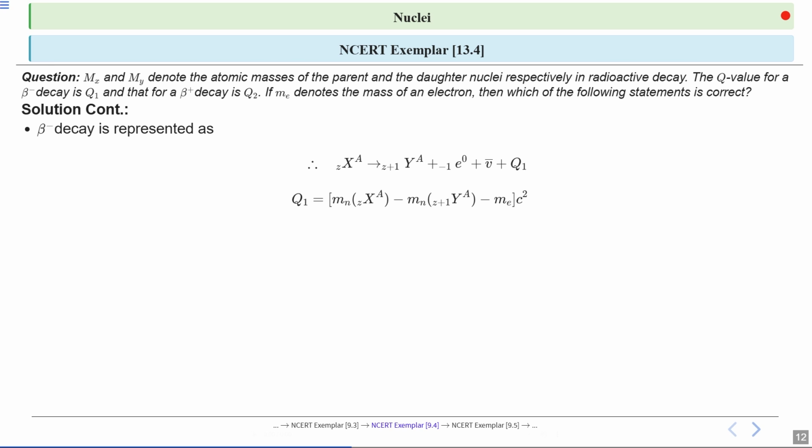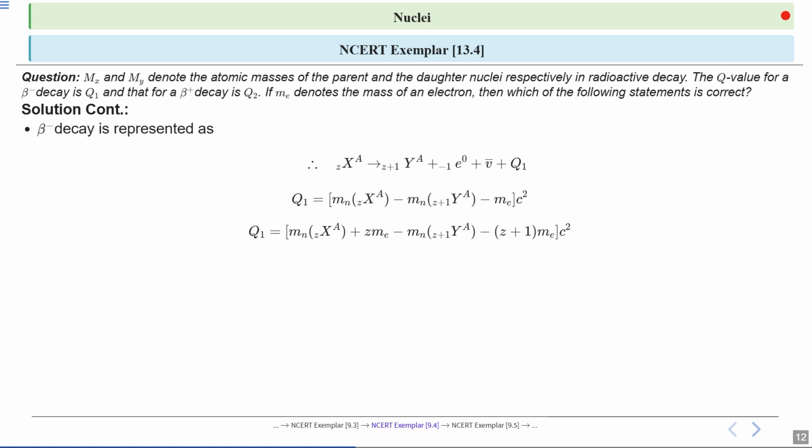The equation is Q1 equal to Mn, that is the mass of nucleons of parent nucleus X, minus the mass of nucleons of daughter nucleus Y, minus Me, the mass of electron, multiplied by C square. This shows energy released from the mass difference of parent and daughter nuclei minus the electron mass. Mn here is the mass of nucleons and Me is the mass of the electron.